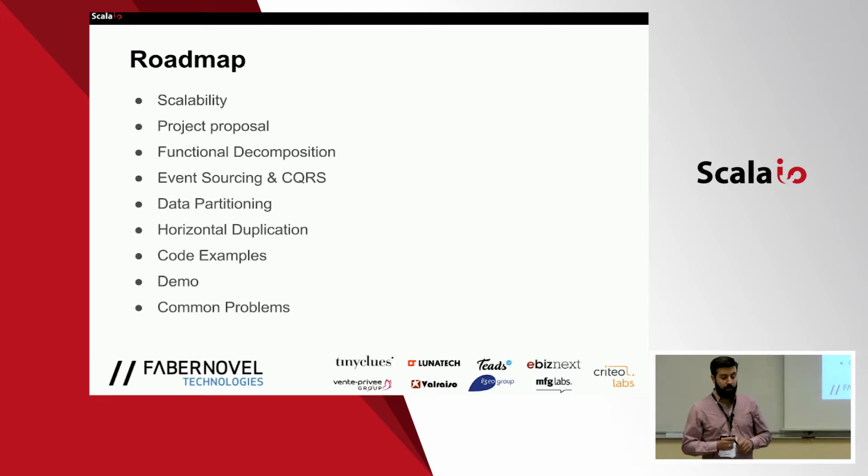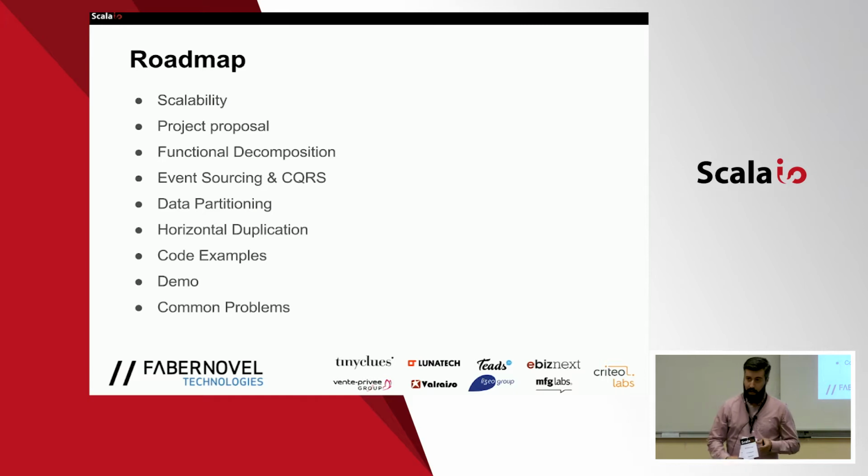So this is the roadmap we are going to follow. We are going to talk about scalability. Especially, we are going to describe the scalability cube that is described in the Art of Scalability book. And based on that, we are going to propose a project. That project is the base where we are going to explain the microservices pattern, and how we can use Akka to implement this dummy project.